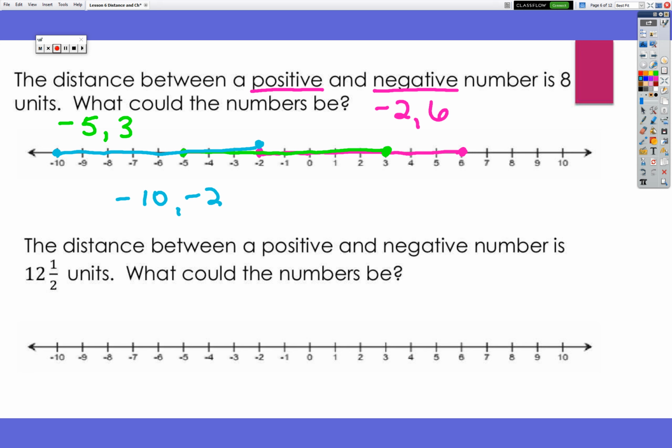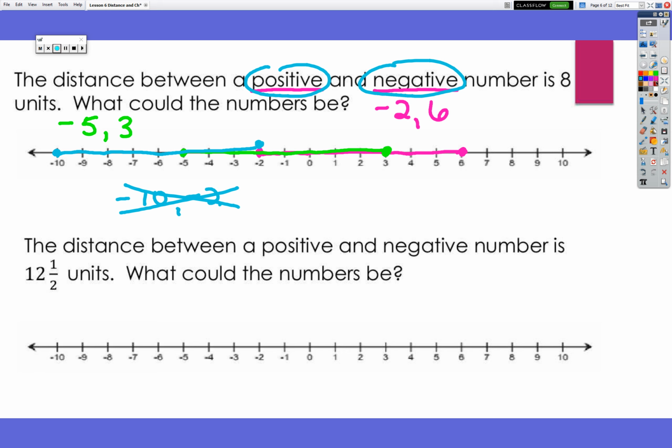Any idea why? Hopefully you're seeing that we need a positive and a negative number. These are both negative, so that does not work as a choice. We can't pick a negative number that's so low that when we count 8 units, we're still in the negative zone. We have to get into the positive zone.